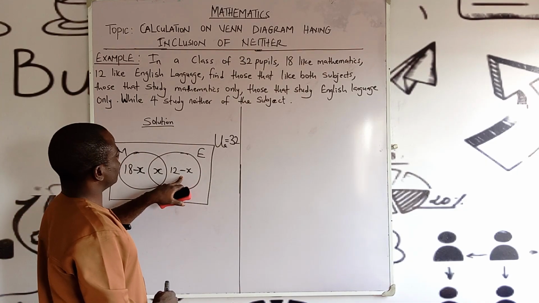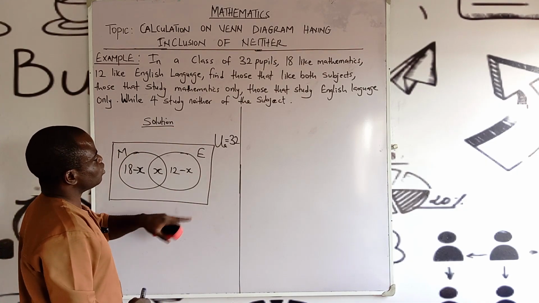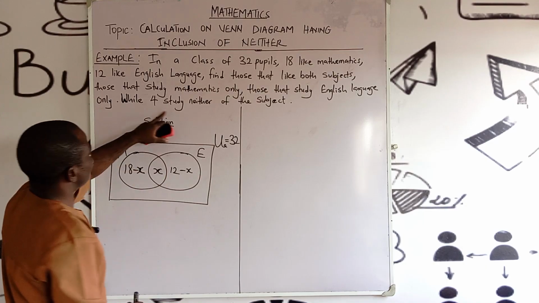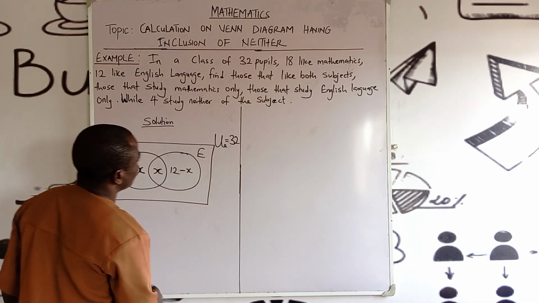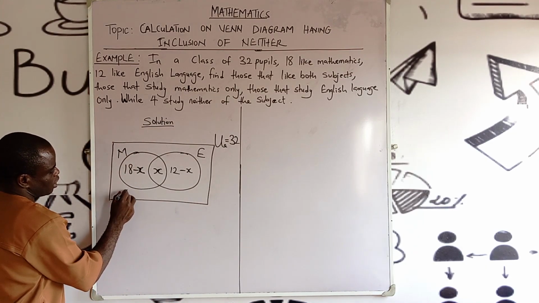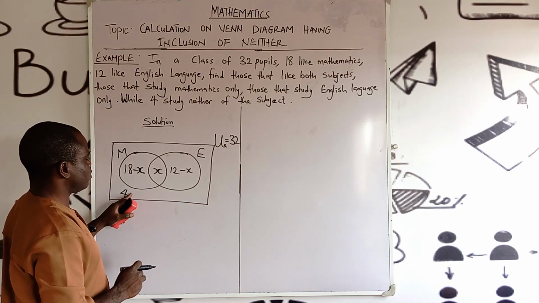When you get the value for x, you subtract it. For studying neither of the subjects, put it outside, because they are in neither circle.